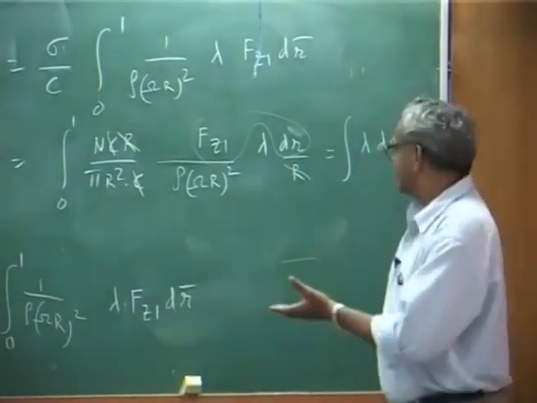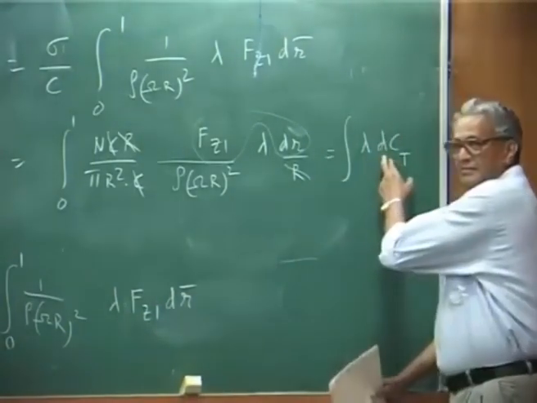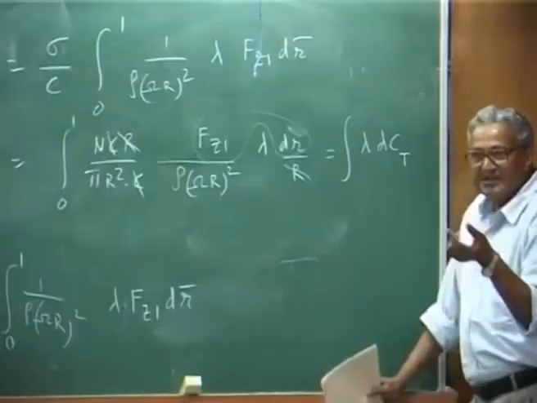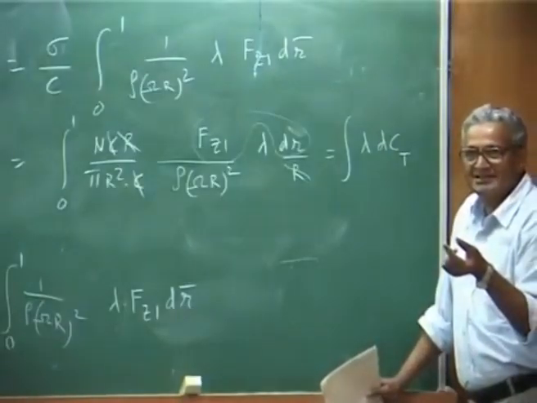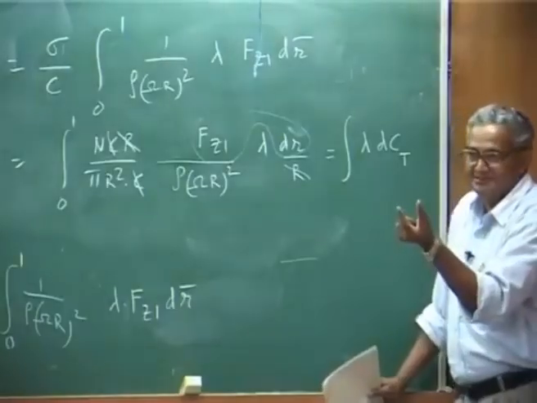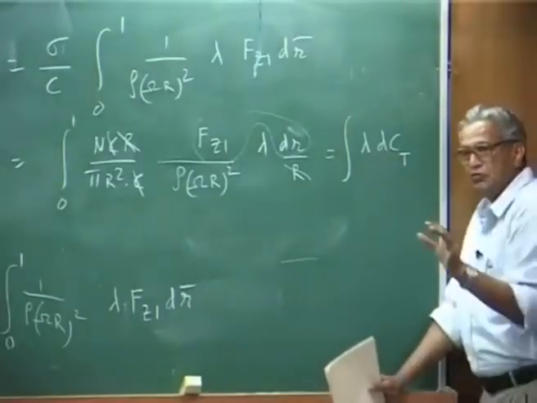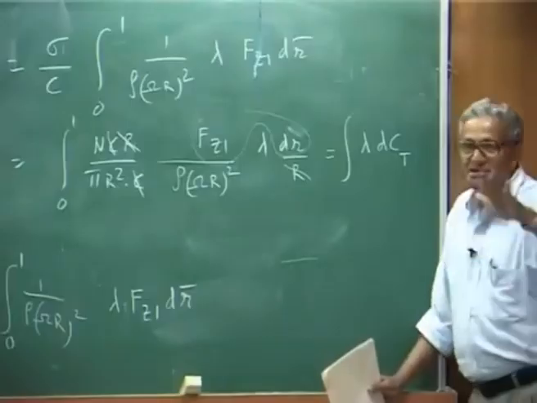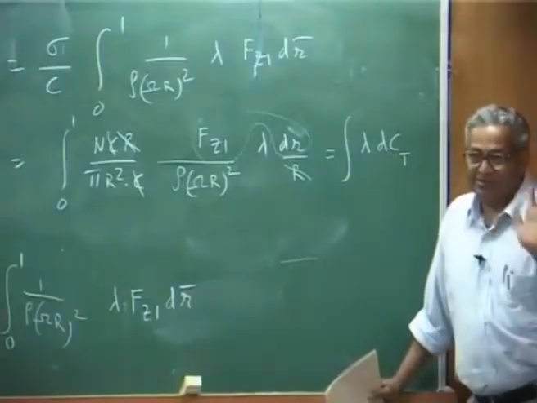And this is basically the average value of the thrust, but a differential element, and lambda is the inflow through the disk at that location.